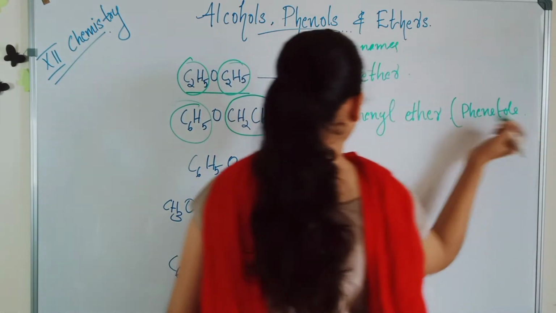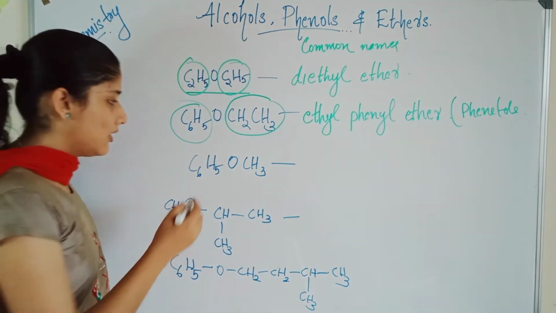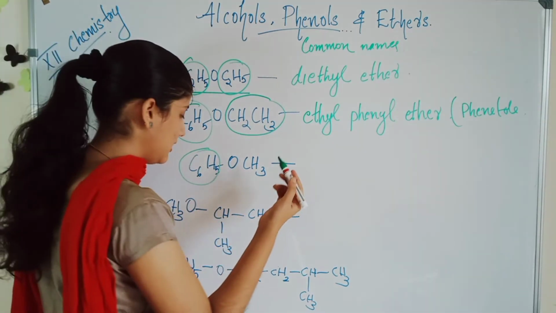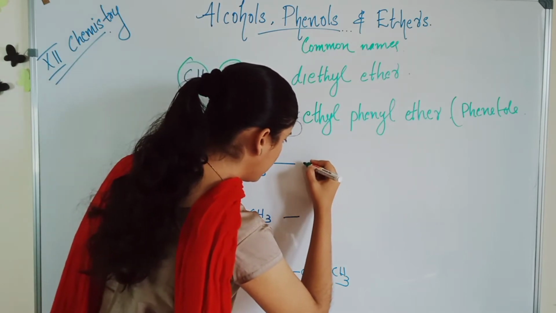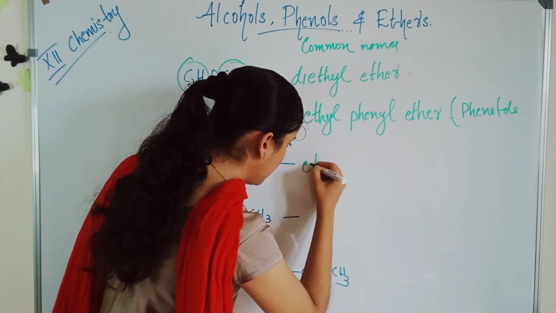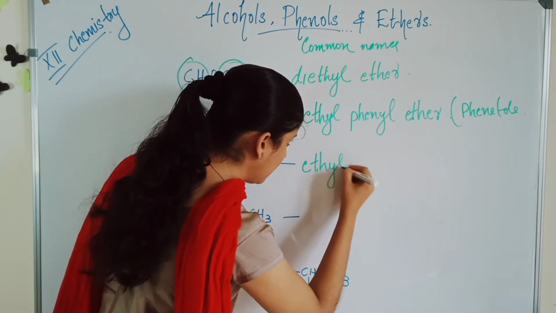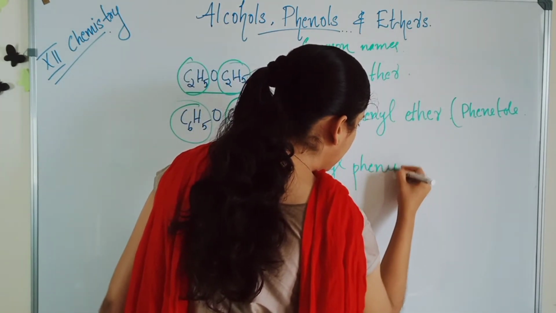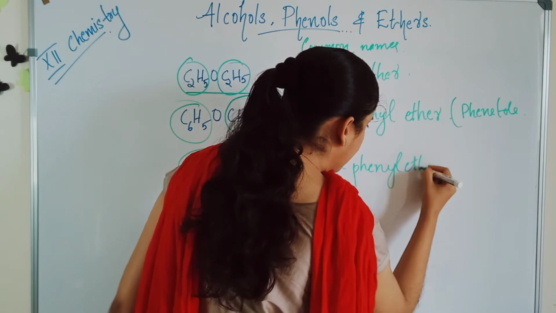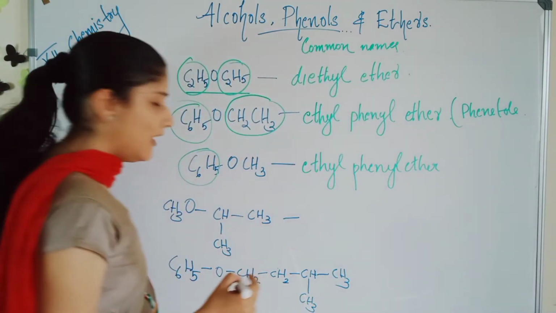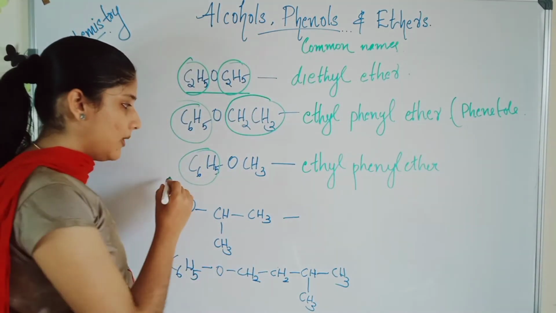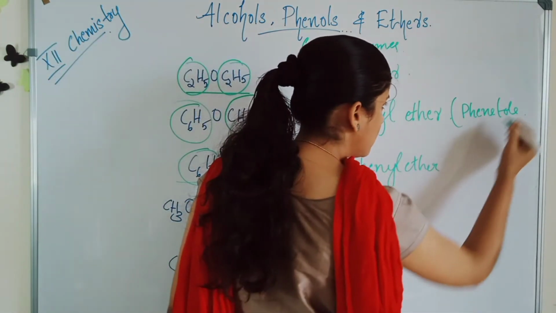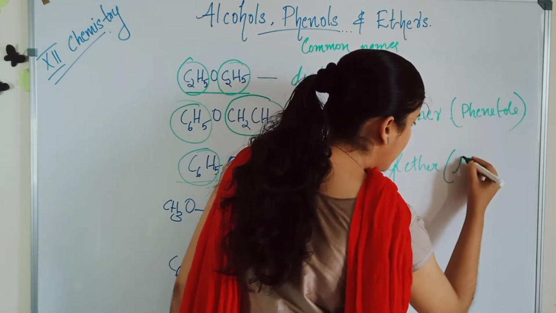Next one, look. C6H5OCH3. What is it? It is methyl phenyl ether, or we will call it by the common name anisole. C6H5OCH3, this is anisole.